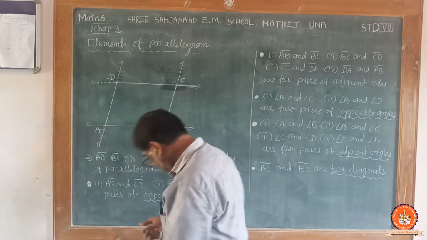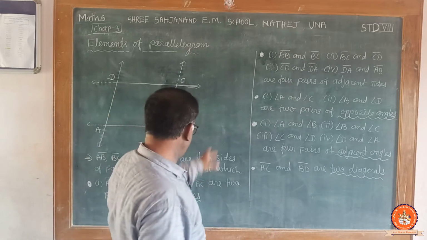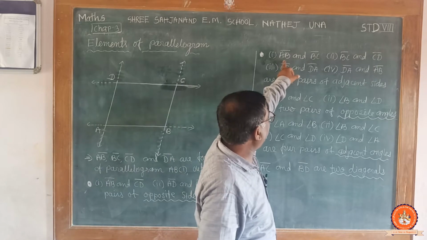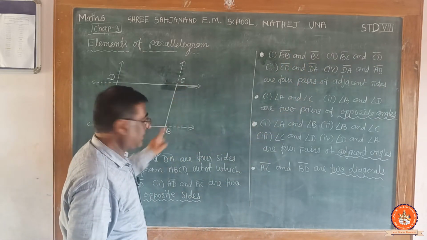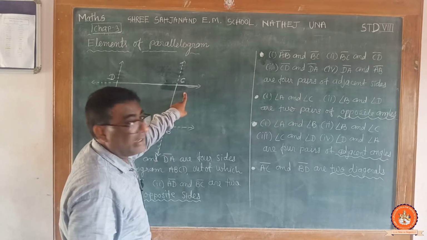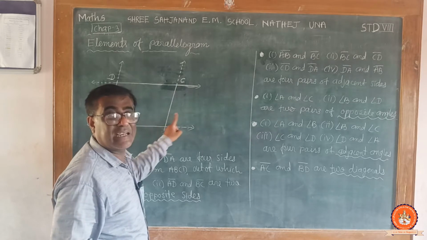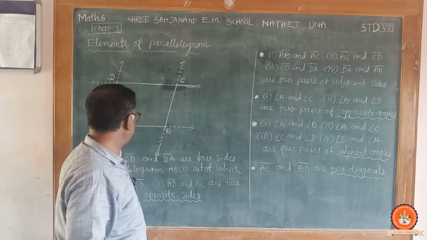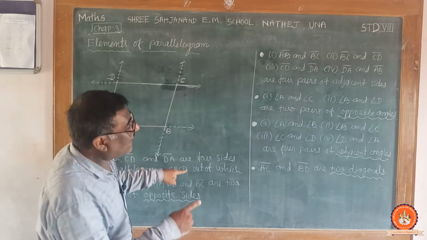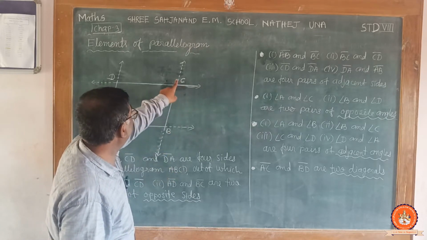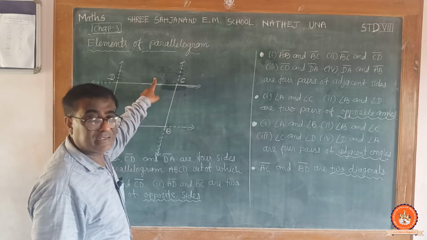Now look at it here. Line segment AB and BC is the first pair of adjacent sides, पास वाली side यानी adjacent side. Then line segment BC and line segment CD is the second pair of adjacent sides.